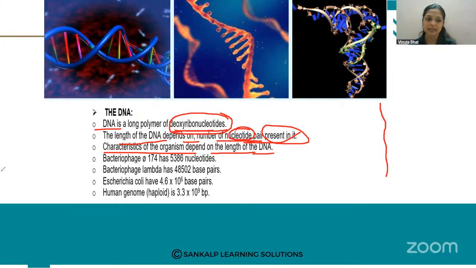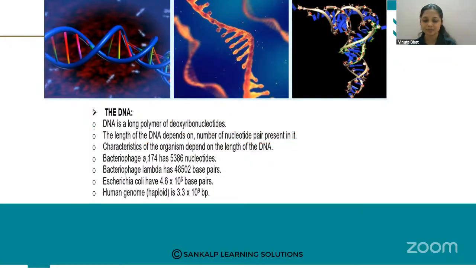So the DNA is responsible for the characteristic features of the organisms. Bacteriophage phi X174 has 5386 nucleotides, and bacteriophage lambda has 48,502 base pairs.